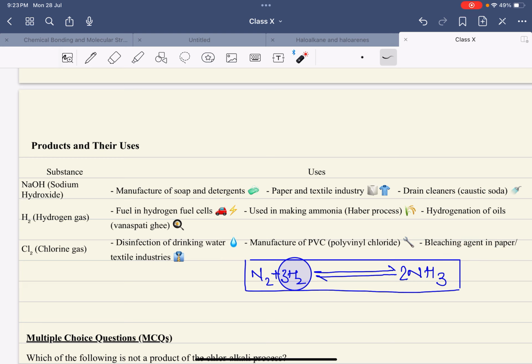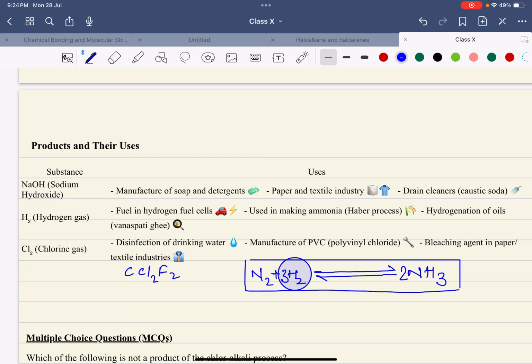So, in water treatment, chlorine is basically used as a disinfectant. It is also used in the preparation of vinyl compounds, insulation of wires, in making pesticide, and the most important use, we know, is CFC, CCl2F2, chlorofluorocarbon. So, chlorine is a very important compound used in the manufacturing of pesticide and CFC.